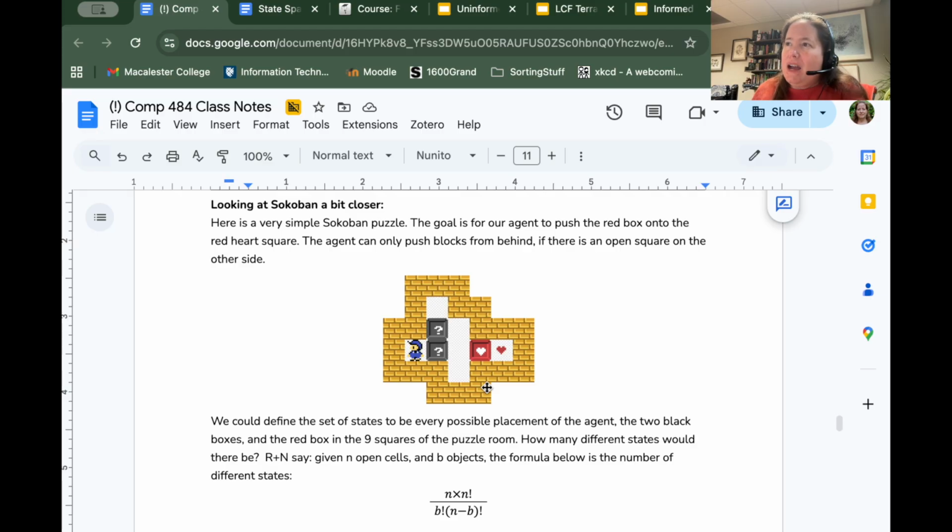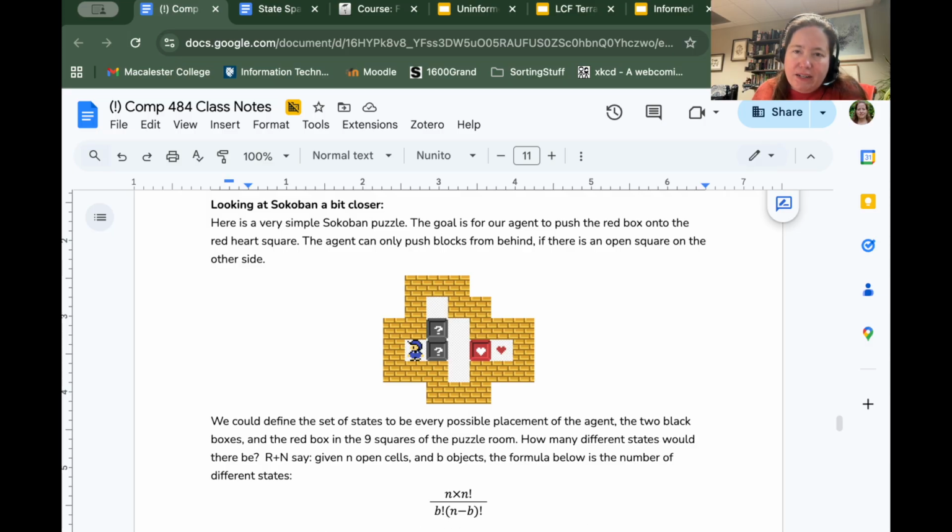We could define a set of states to be every possible placement of the agent, the two black boxes and the red box in the 9 squares of this puzzle room. And then we could think about what that means. How big would all of the different possible configurations within this room be? This is a formula you can use to try to capture that: n times n factorial over b factorial times (n minus b) factorial.